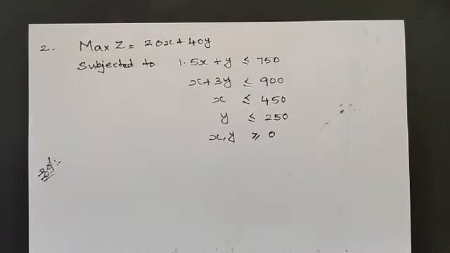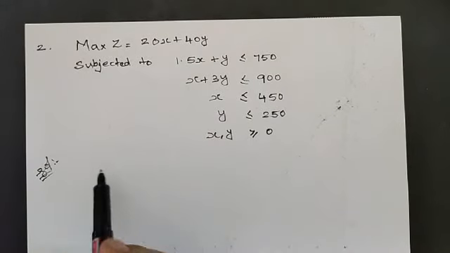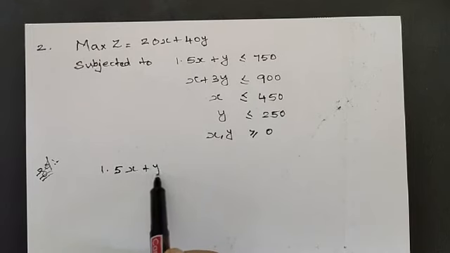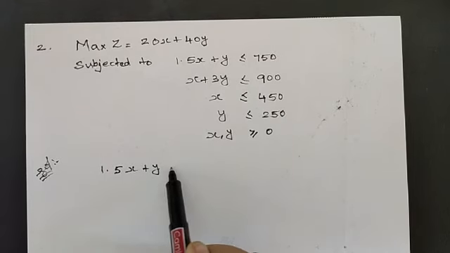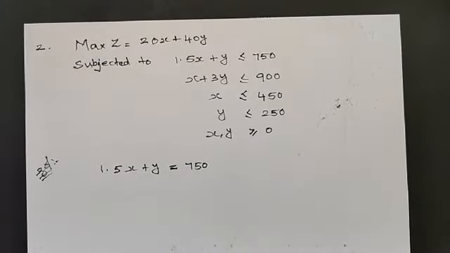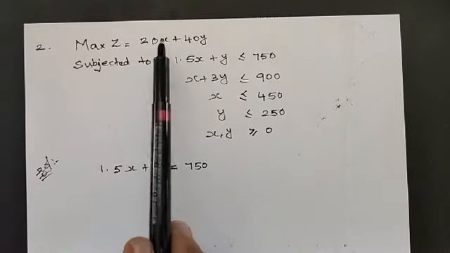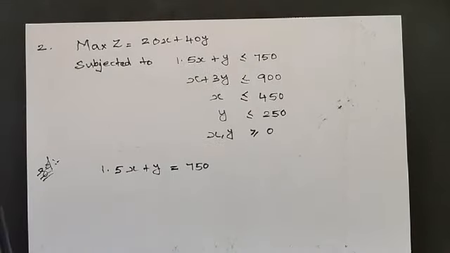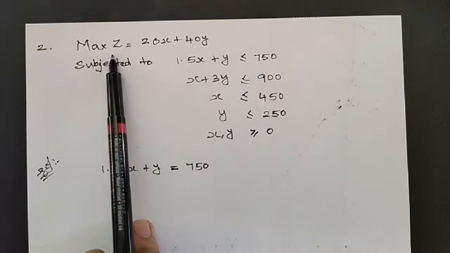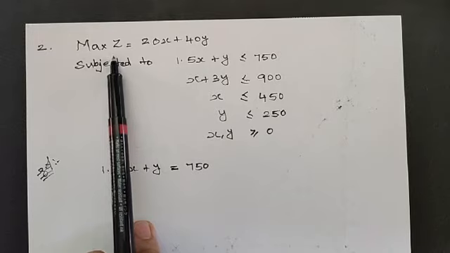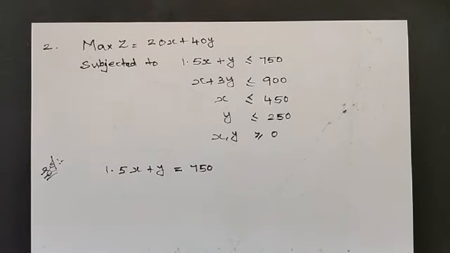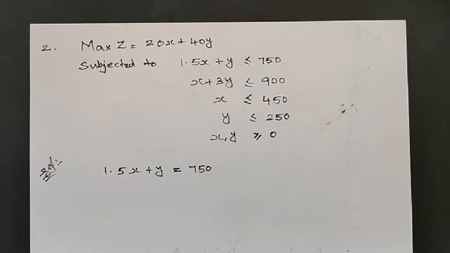So I am going to take the first constraint, that is 1.5x plus y, changing less than or equal to into equals 750. Here the decision variables are x, y. The values of x and y will decide the value of the objective function. But in the previous problem the decision variables were x1, x2.